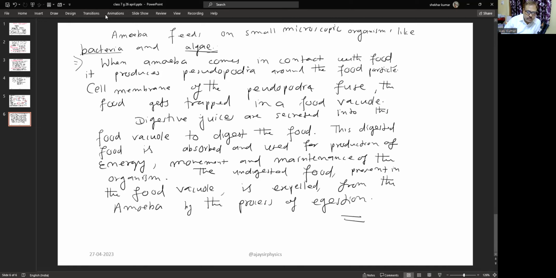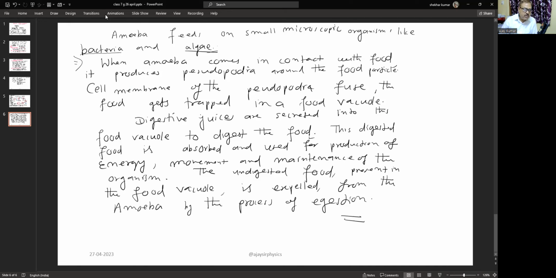Digestive juice is secreted into the food vacuole and this digests the food. Digested food is absorbed and utilized for the energy requirement and the movement, as well as the maintenance of the organism.